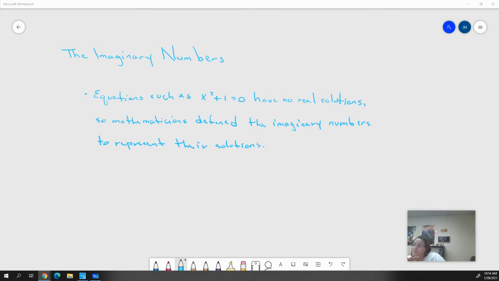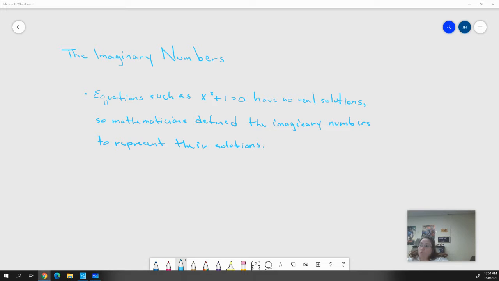So, in today's lesson, we are taking a jump ahead. In our previous lesson, we were talking about using square roots to solve quadratics, but what we come across is there are a sector of square roots that don't have real number solutions. And so, what we're going to do today is introduce to you the imaginary numbers.